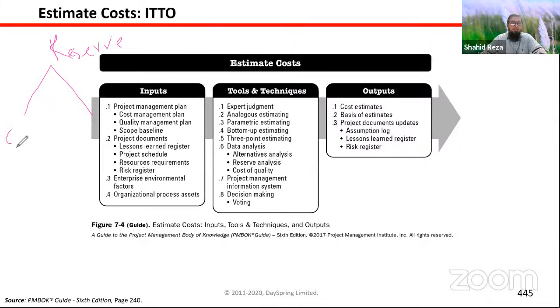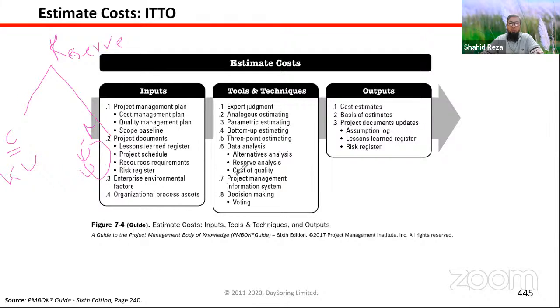One is contingency reserve, and another one is management reserve. Contingency reserve is for known unknown situations, and management reserve is for unknown situations that you cannot see. There is no forecasting about this scenario. That is known as an unknown situation.